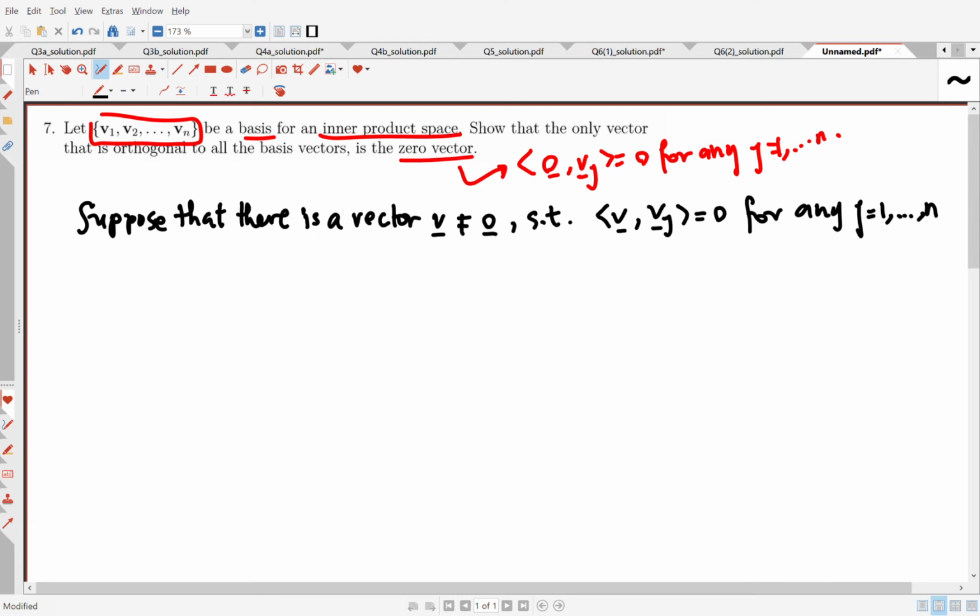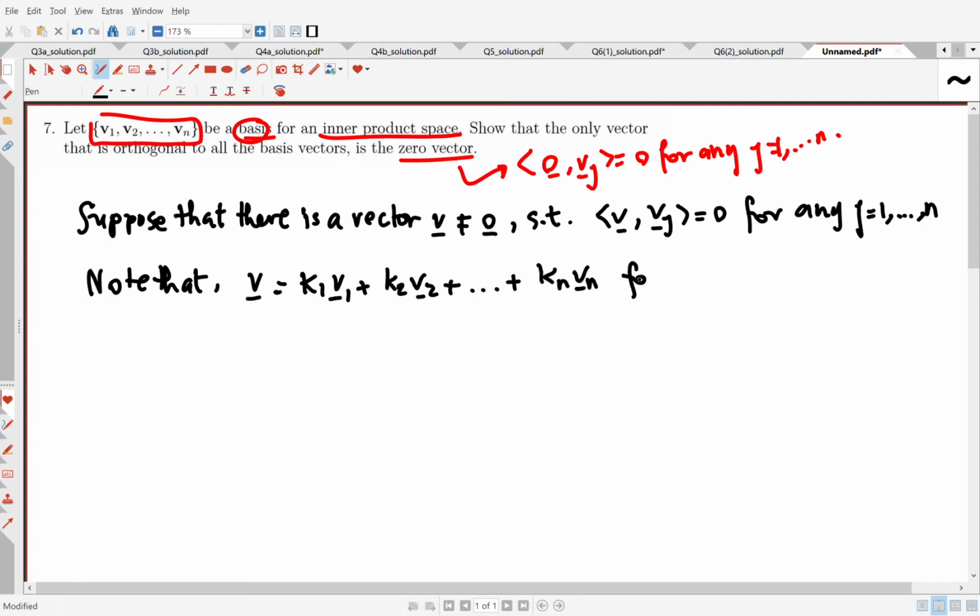Okay, so how can we do this question? Okay, we need to make use of this information. Okay, it is a basis. Okay, so note that we can write this v, okay, in the form of k1 v1 plus k2 v2 plus and so on until kn vn, okay, for some k1 until kn, because it is a basis.